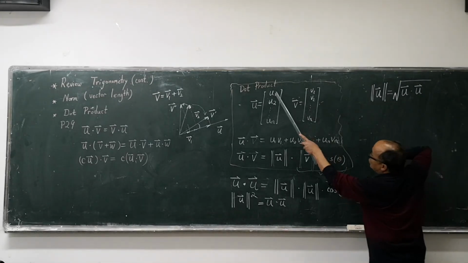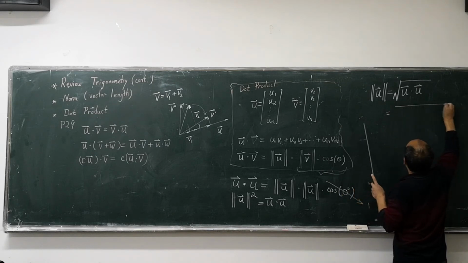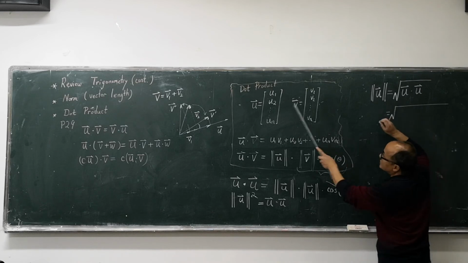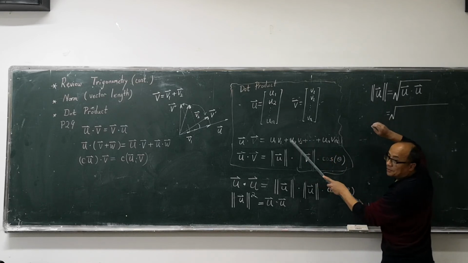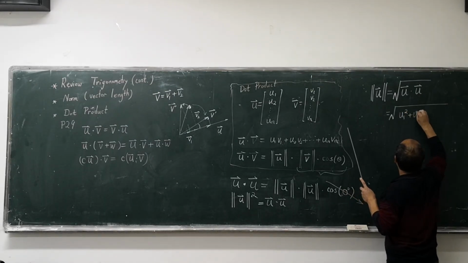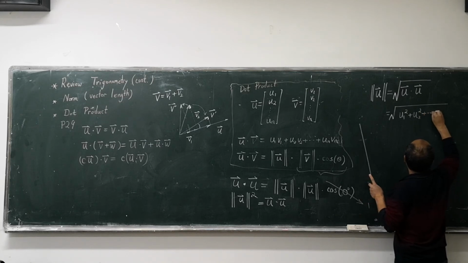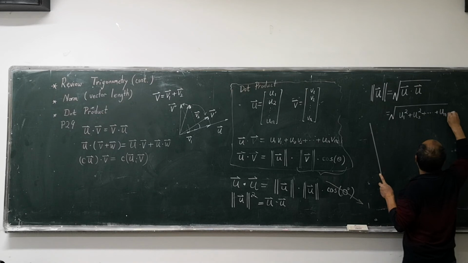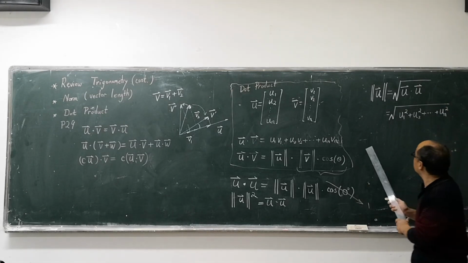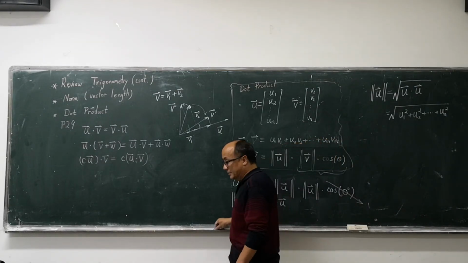If this is U1, U2, up to UN, what's U dot U? It's U1 squared plus U2 squared plus dot dot dot plus UN squared. This is the formula.